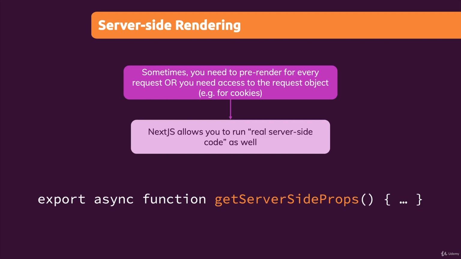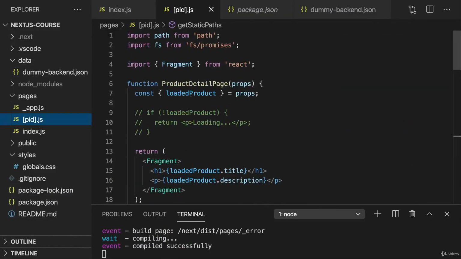And therefore, you should only use either getStaticProps, what we saw thus far, or getServerSideProps, because they kind of clash. They fulfill the same purpose, they get props for the component, so that Next.js is then able to render that component, but they run at different points of time.